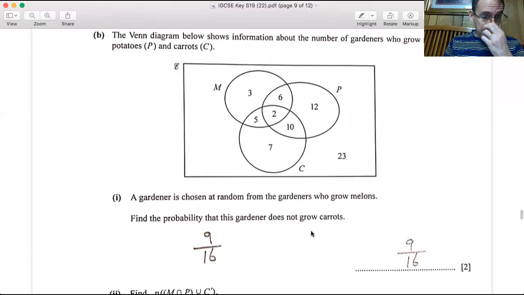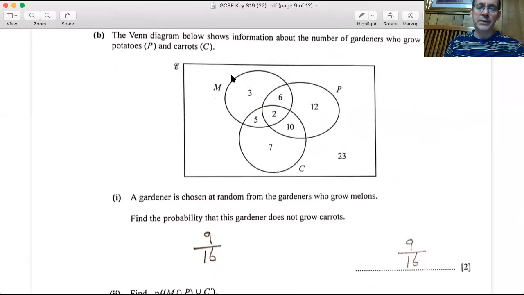So what it wants us to do: a gardener is chosen at random from the gardeners that grow melons. So somewhere from here, and find the probability that this gardener does not grow carrots. Well, both of these are within the carrot circle. So the not carrots would be the 6 and the 3, that makes 9.